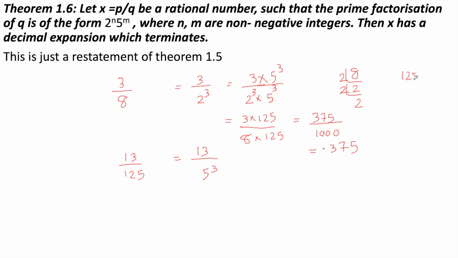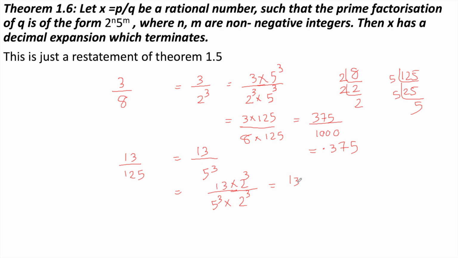Here only a power of 5 is present, so we should convert it into a power of 10. That means 13 by 5 raised to 3 into 2 raised to 3, always taking the same power, and to balance, the numerator is also multiplied by 2 raised to 3.